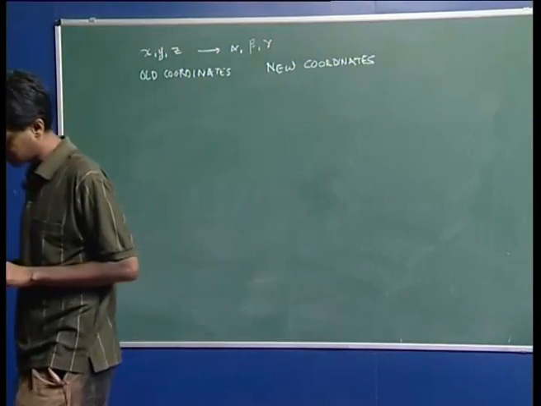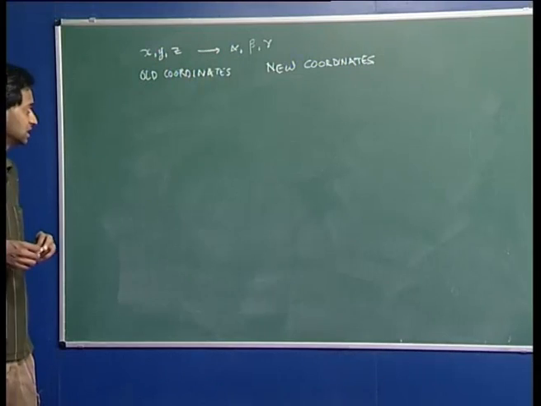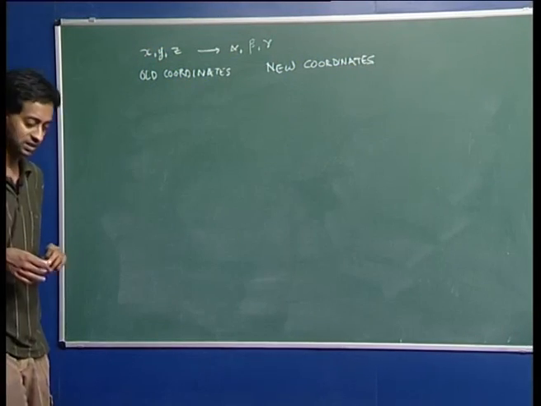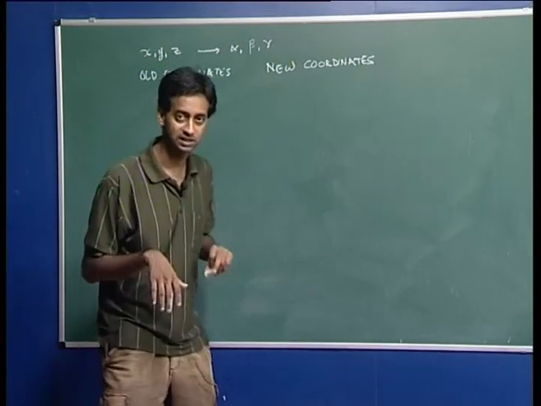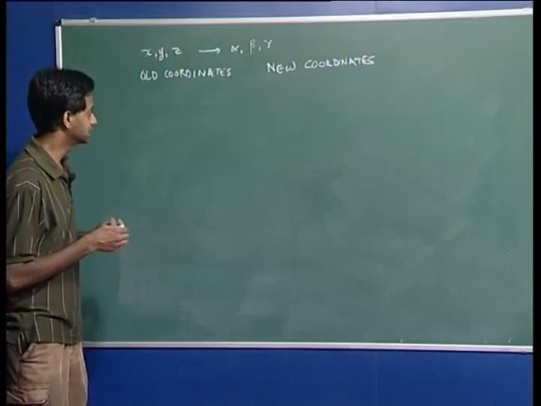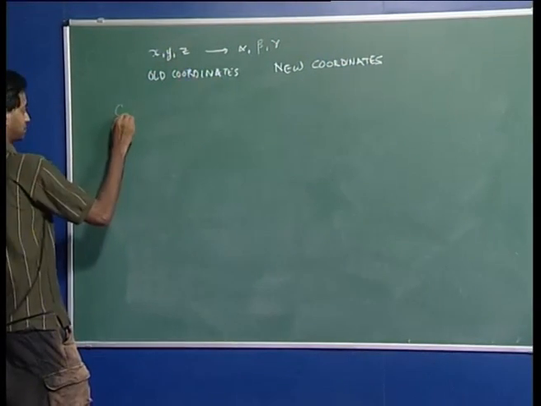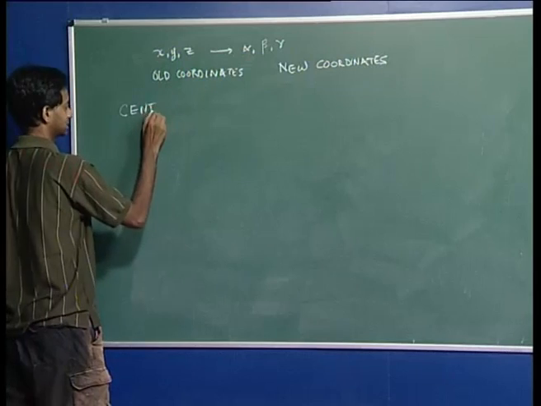So let us take a particular example of this, and this is an example that you probably have seen in the quantum chemistry courses. It is related to the center of mass and relative coordinates.